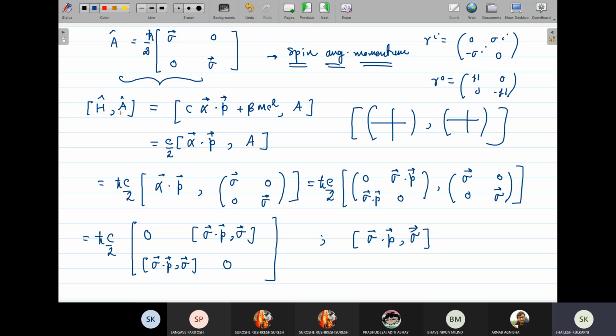One can approach this problem from group theory now, and one can see that group theory also gives you the same expression. That will be a much more rigorous way of understanding this.